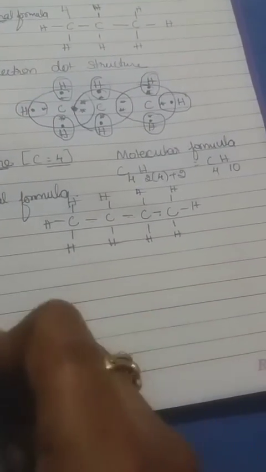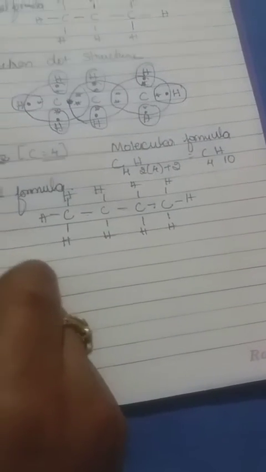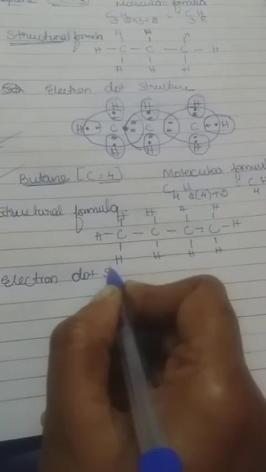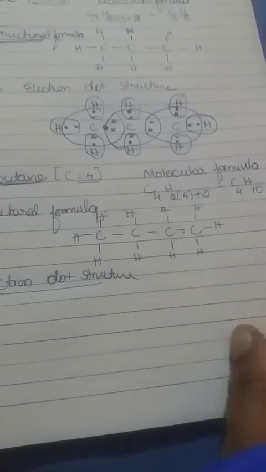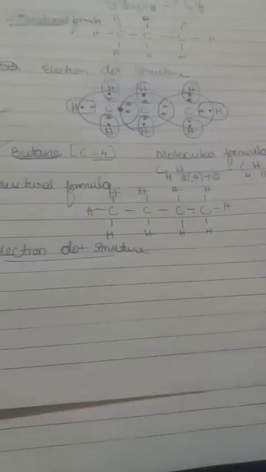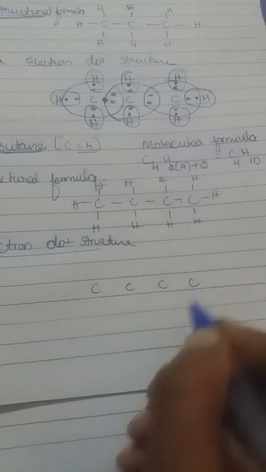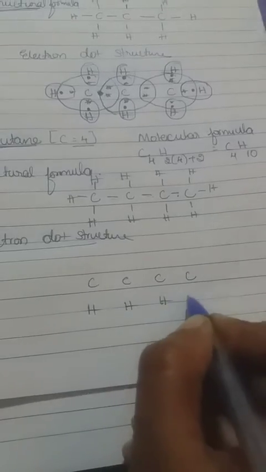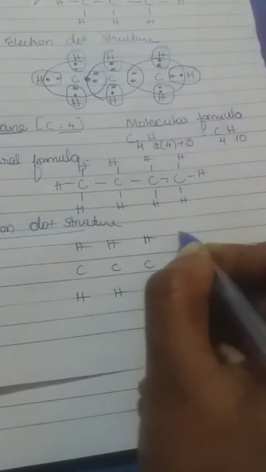Okay, next we have to write the electron dot structure. Yes, let us write. It is easy, I told you: first mark the 4 carbon atoms, and where the hydrogen atoms are, that you should also write. You should write the hydrogen also.